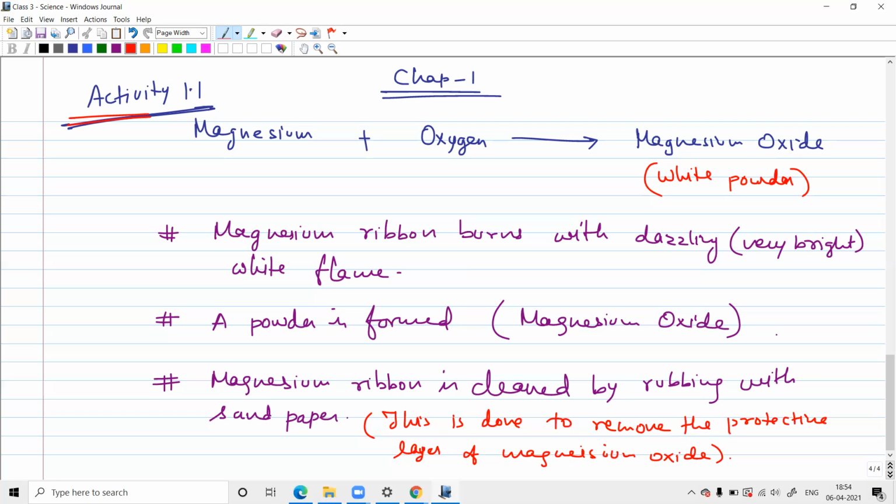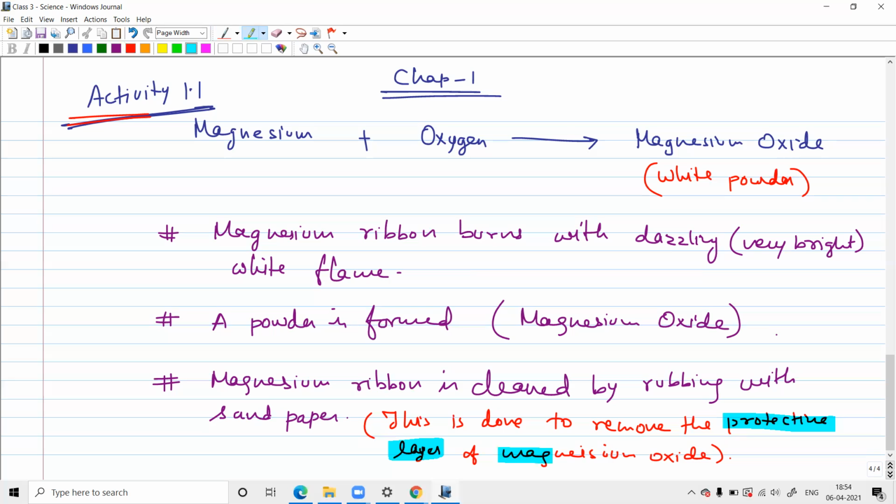Once the outer layer reacts with oxygen and makes a thin coat of magnesium oxide, it will stop the rusting further. The inner layers of the magnesium will not react with oxygen anymore, and that's the reason they are calling it a protective layer. Don't get confused by that. Why are they calling it a protective layer? Because once a thin layer is formed outside, it will not rust the inner layers. That is why this is a protective layer.